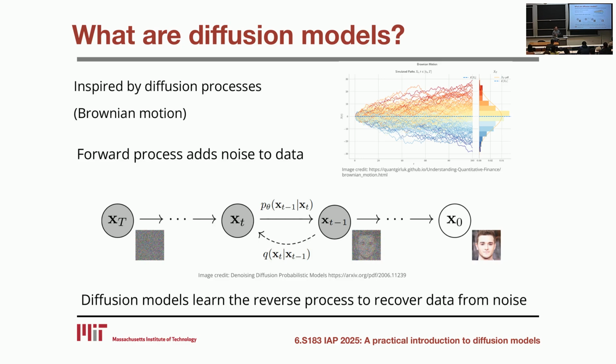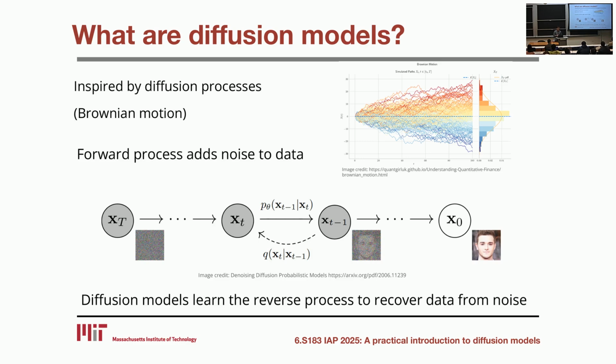They try to recover the data from noise. So for example, you start with a complete noise image and try to predict a slightly less noisy version. And then it keeps on doing this in an iterative manner until you get the clean image in the end. So this is the high-level overview of what diffusion models are doing.